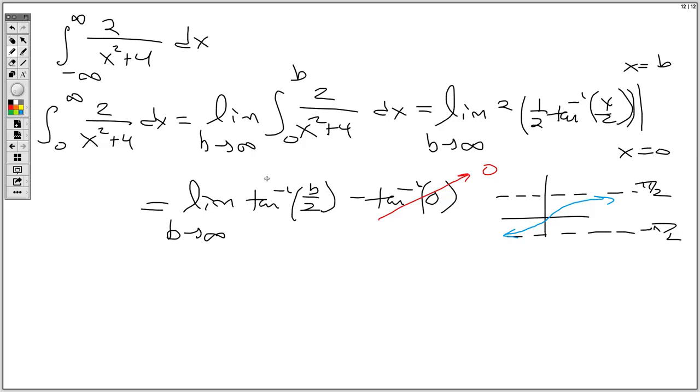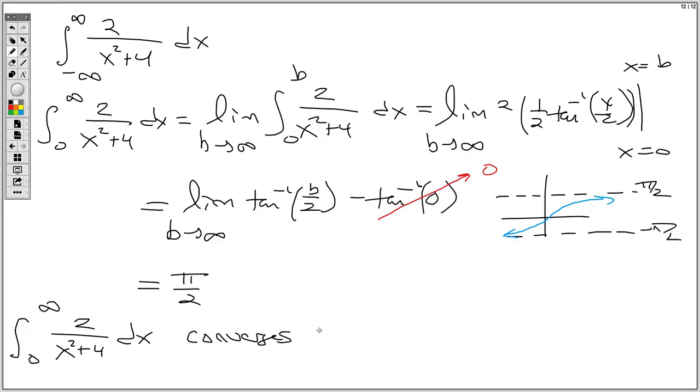And so as b goes to infinity, the inverse tangent is going to go to pi over 2. So we would say that this integral converges, we get a finite number, pi over 2. So that's the first half.